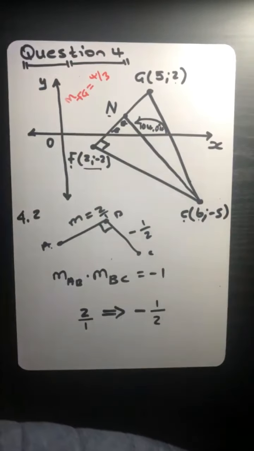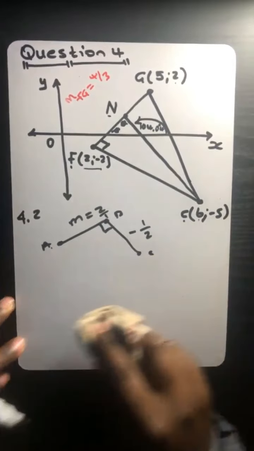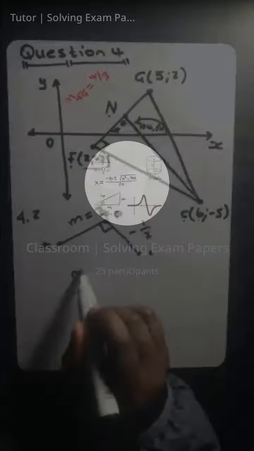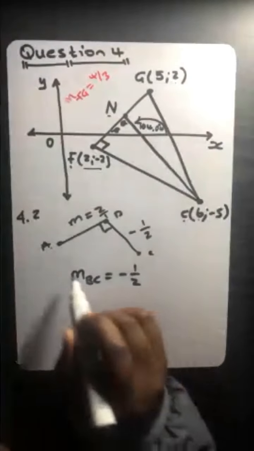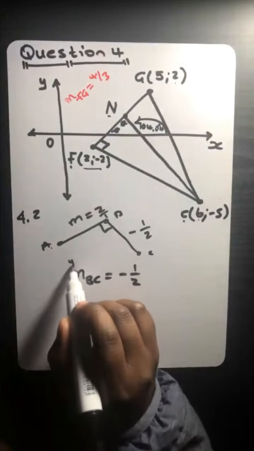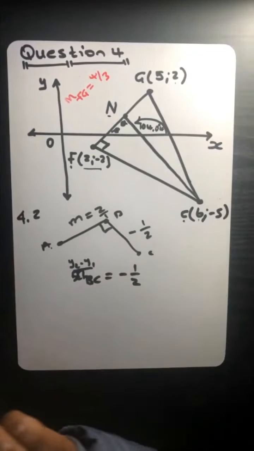So instead of having to do all that calculation, you are just going to say the gradient of BC is equal to -1 over 2. Then on this side, you do y2 minus y1 over x2 minus x1.